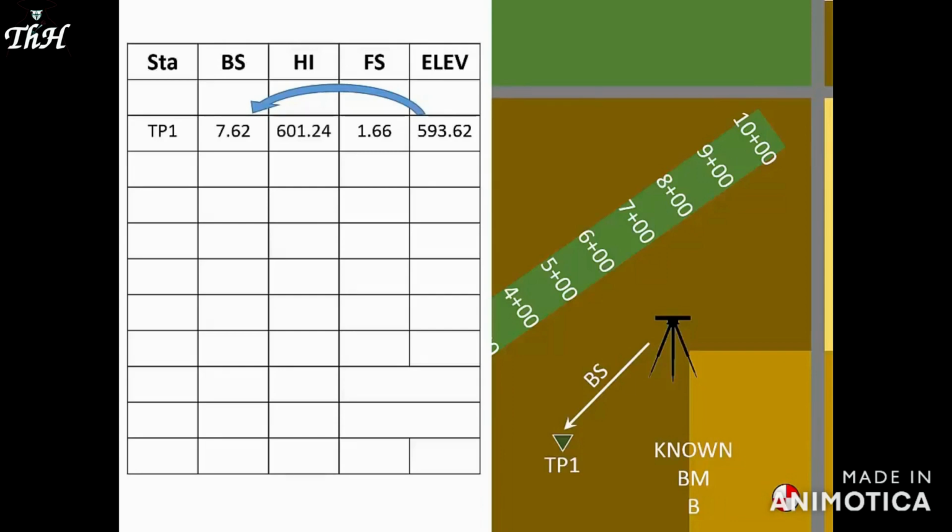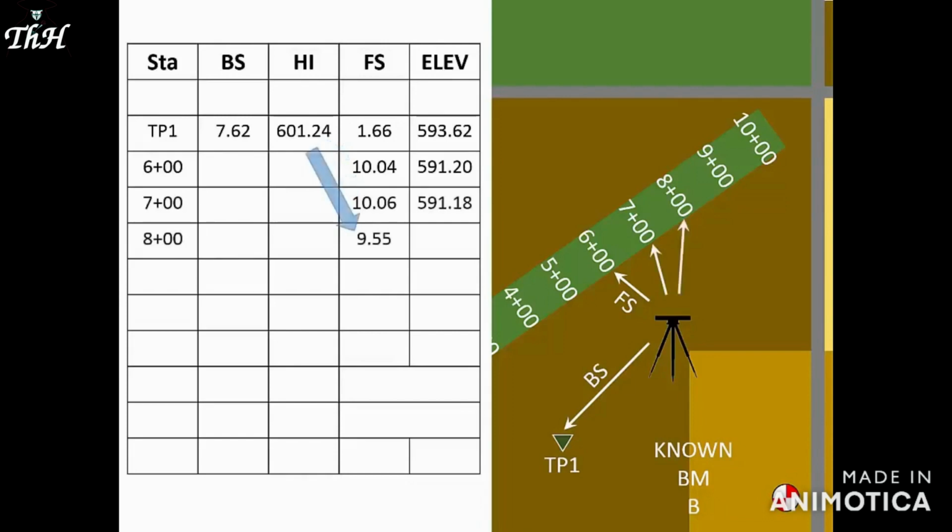From this new HI, we'll measure the foresights to station 6+00 through 10+00. Since the second setup has a new HI, we'll use that HI to compute all the foresight elevations according to this setup.